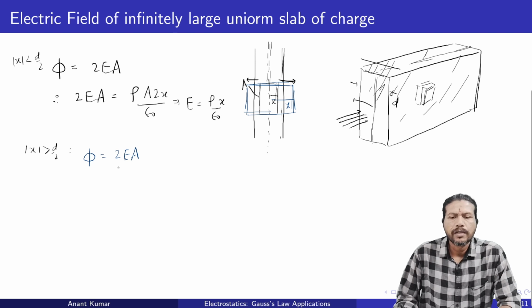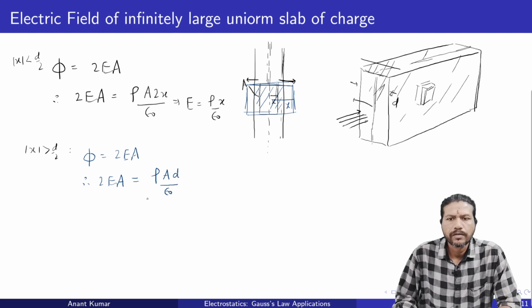However, the total charge enclosed is only the one in this portion of the slab, and therefore by applying Gauss law, twice EA is equal to the charge density rho multiplied by the volume, which is A into the total thickness d, divided by epsilon naught.